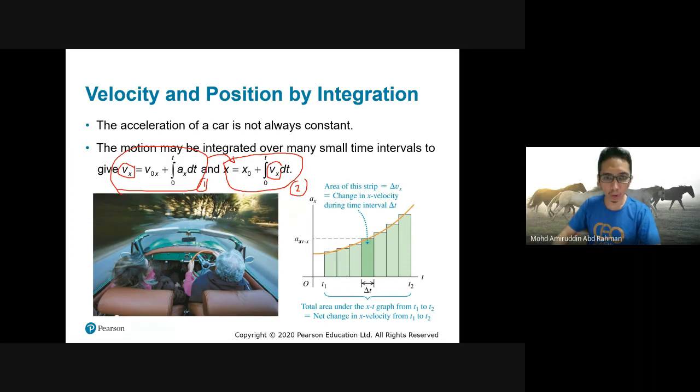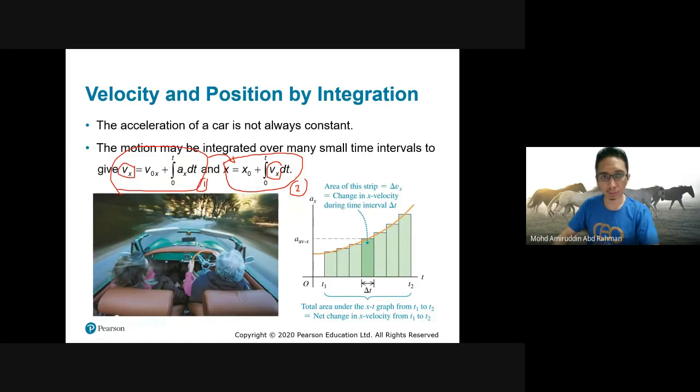Okay, so you look at the graph there. You have the graph of acceleration versus time. You have the delta Vx, which is the change in x velocity during a very short time interval of delta t.